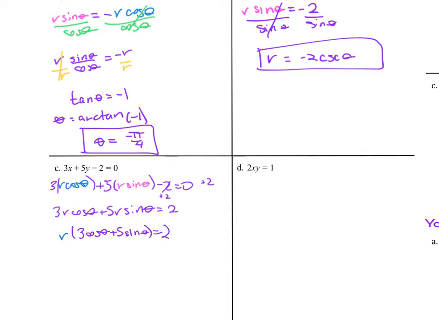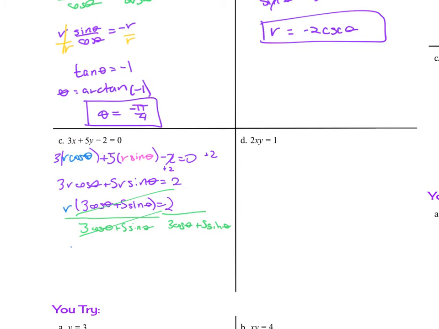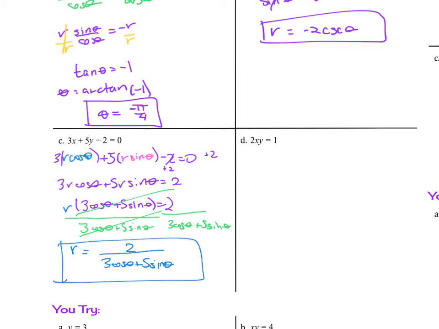To isolate r, we're going to divide both sides by 3 cosine theta plus 5 sine of theta. And, believe it or not, that is our final answer. r equals 2 over 3 cosine theta plus 5 sine of theta. So don't change anything, just leave this as it is.